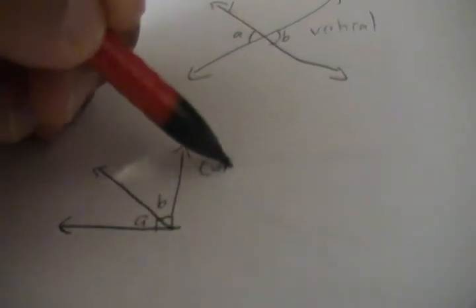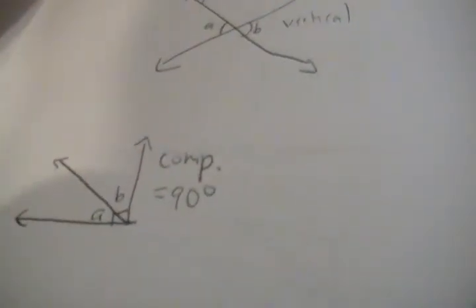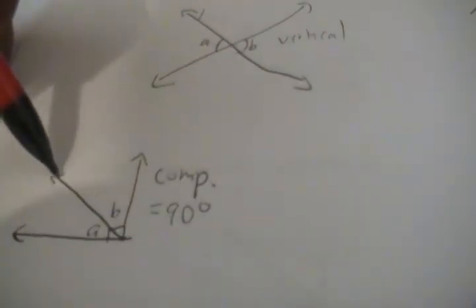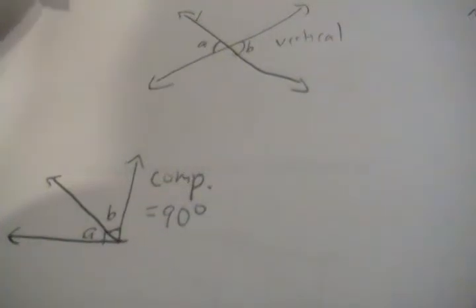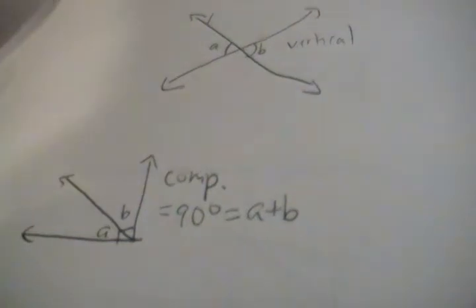In this case, it's complementary. The reason is that by definition, a right angle is equal to 90 degrees. If another line divides it into two angles, whatever these two angles are, if you add them together, they should equal 90 degrees. That's why it's complementary.